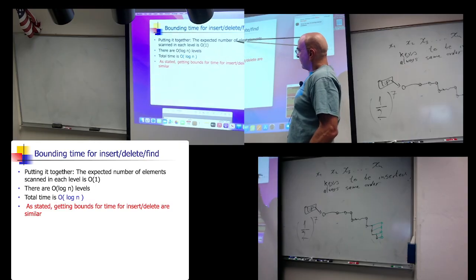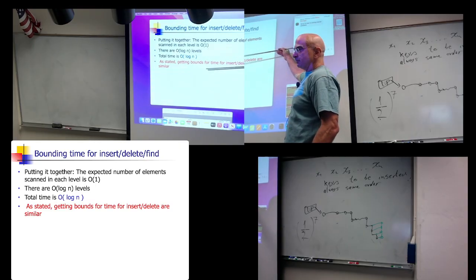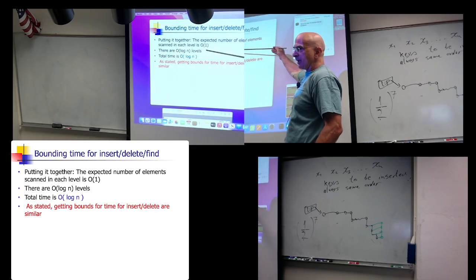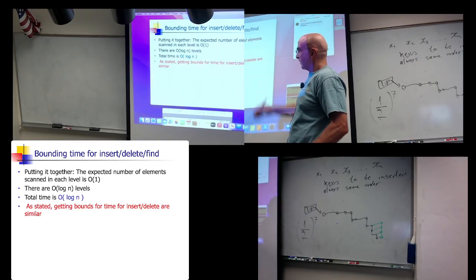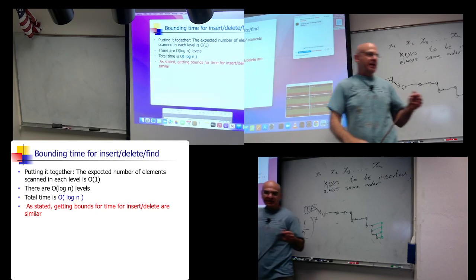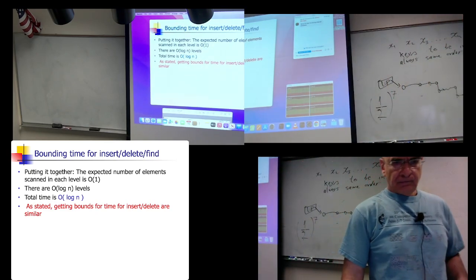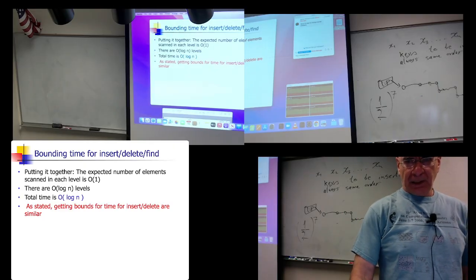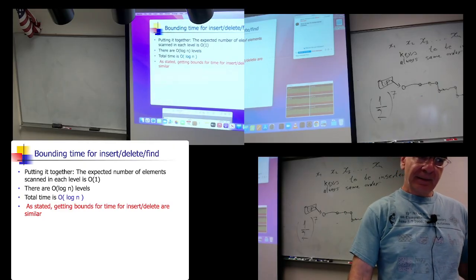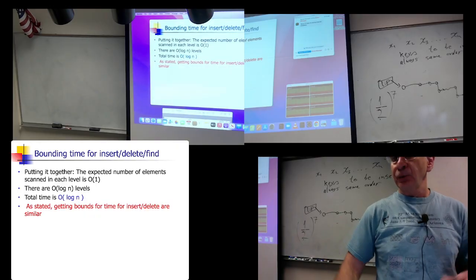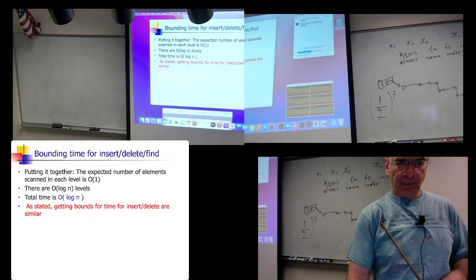Again, it's on average, it can be higher, but the probability of being higher decreases exponentially. There are log n levels, so the total time on average is log n. Okay, and that's summarized the intuitive explanation.